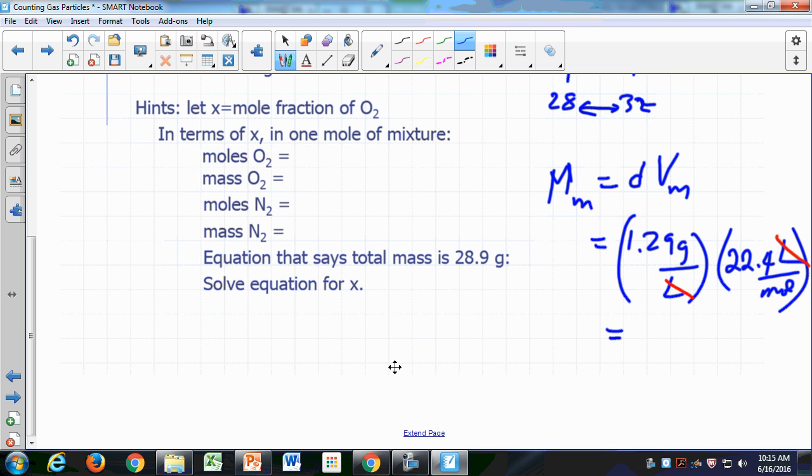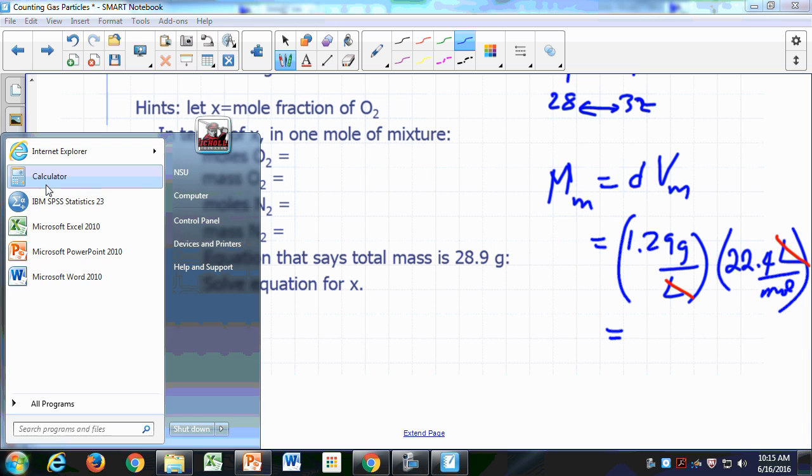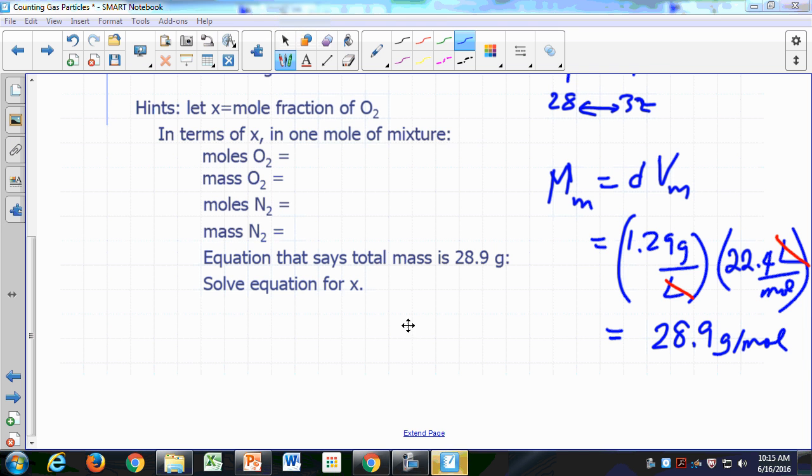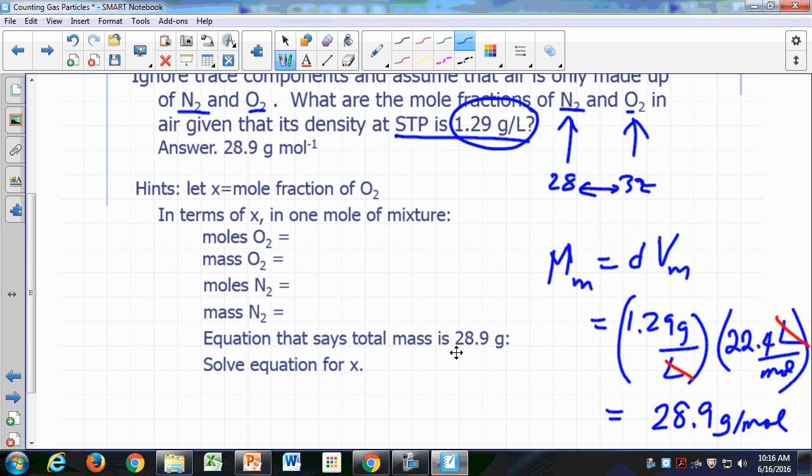That gives you the average molar mass, which is equal to 1.29 times 22.4, or 28.896, so with 3 sig figs, 28.9 grams per mole. So that's the average molar mass.